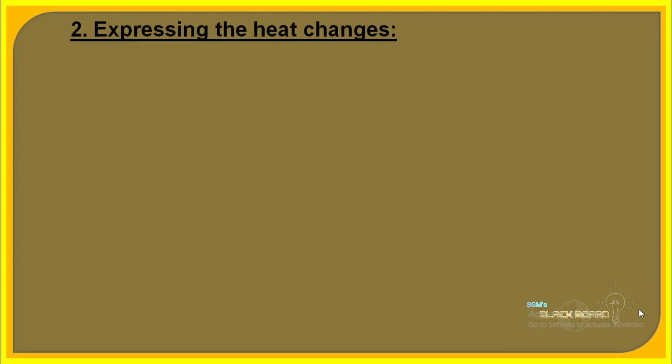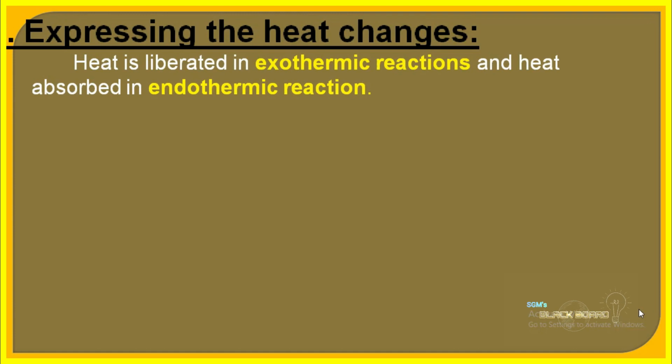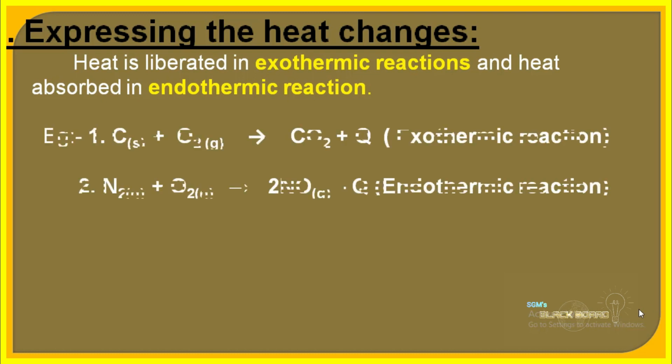Now, we can make the chemical equation more informative by expressing the heat changes. Heat is liberated in an exothermic reaction, and when heat is absorbed in a chemical reaction, we say it is an endothermic reaction.